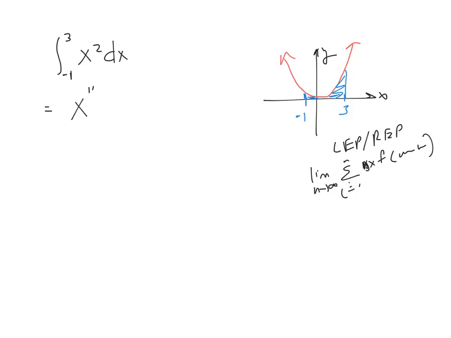We make this x cubed, with 1/3 in front. We're evaluating this from -1 to 3. So first we plug in our 3. Then we plug in our -1.